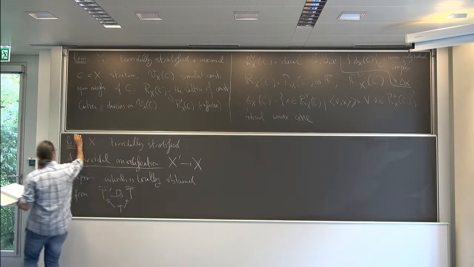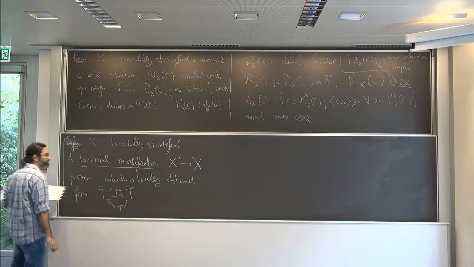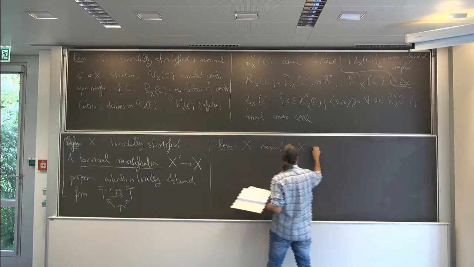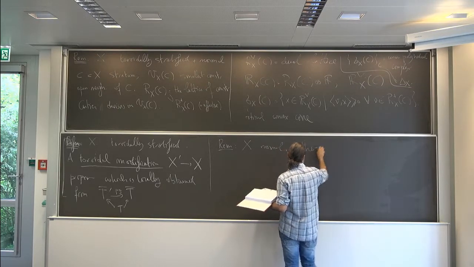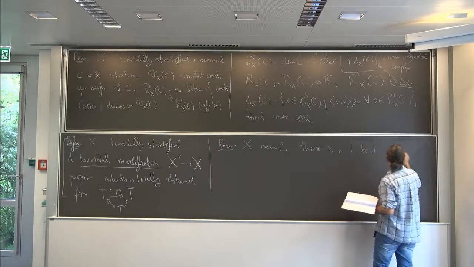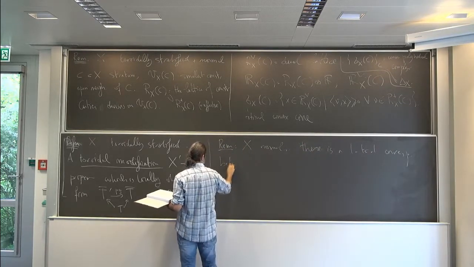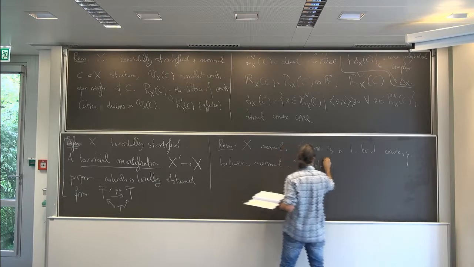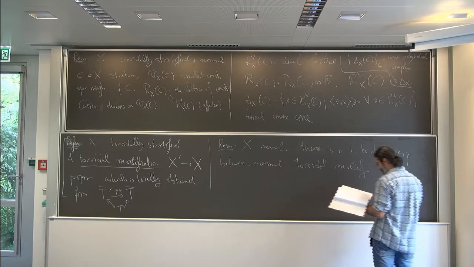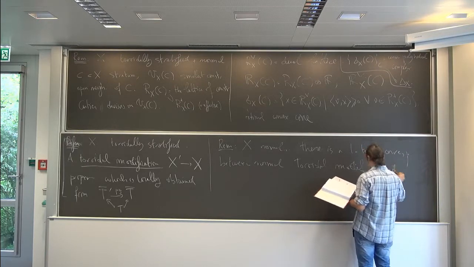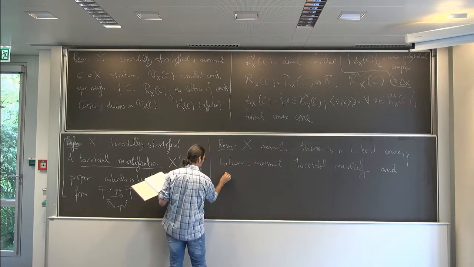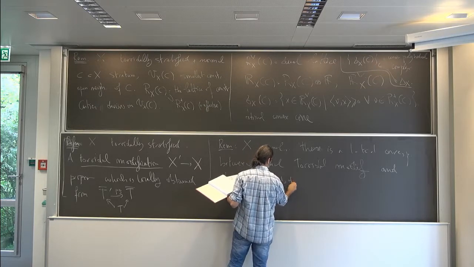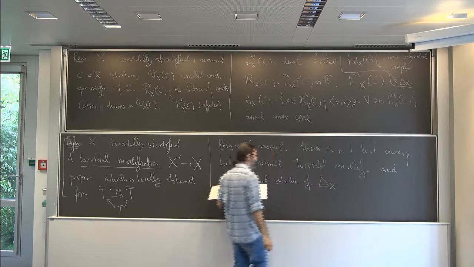Okay, so this is maybe a definition. And now the remark is that if X is normal, then there is a one-to-one correspondence between normal toroidal modifications and so-called finite rational subdivisions of Delta_X.